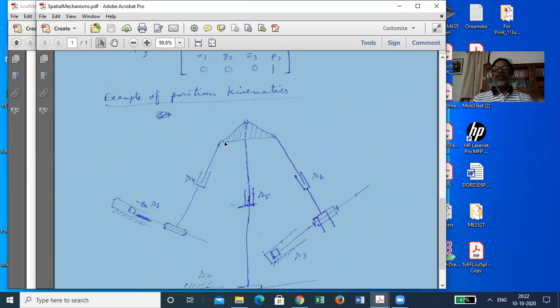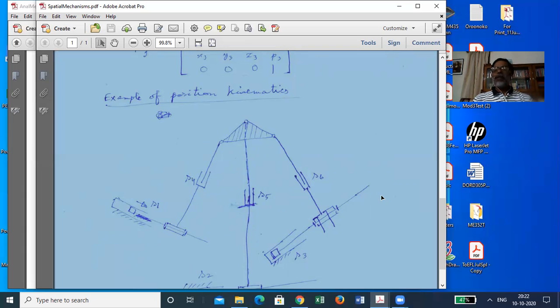Join the centers of the 2 spherical pairs. That will give you an axis about which this link can go on rotating without contributing in any way to the input-output relationship. So that is one extra passive freedom. If you remove that, then the functional degree of freedom for the mechanism will remain only 1. So that is one very little mechanism through which one can start the study of spatial mechanisms.